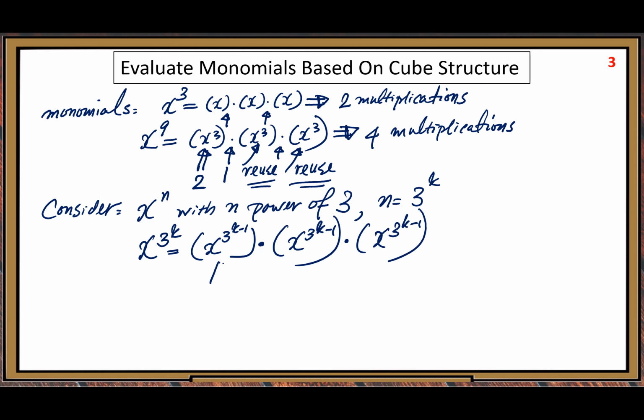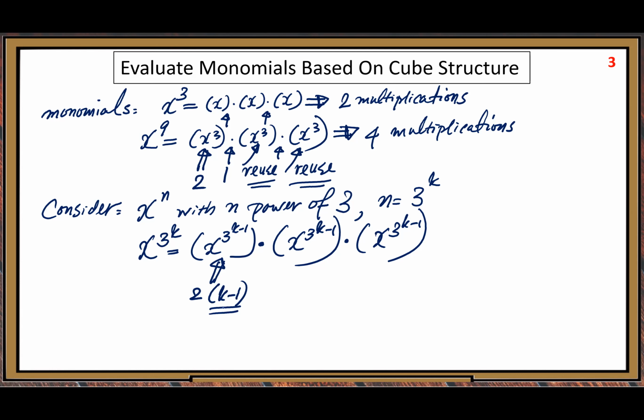The first one, based on our experience, we need to pay 2 times k minus 1 multiplications, right?